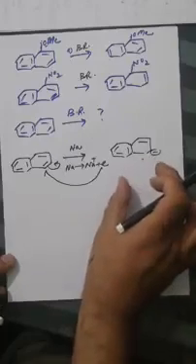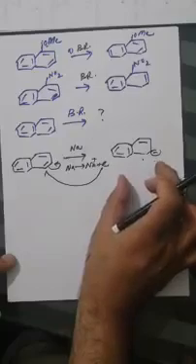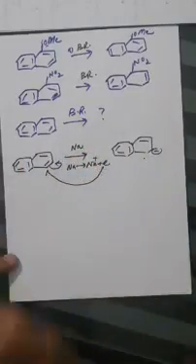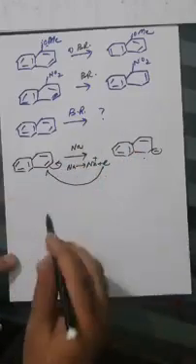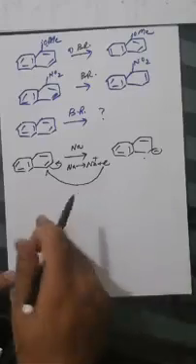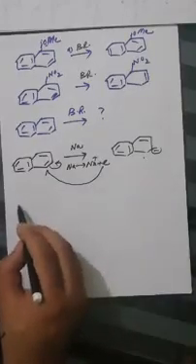And when you draw the resonating structures of this naphthalene radical anion, you will have to search for which is the most stable radical anion, that is thermodynamically the most stable, and that will undergo the Birch reduction further.